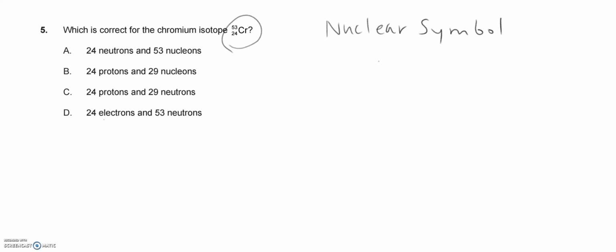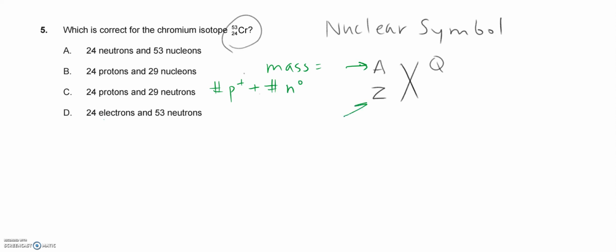So we go A to Z, X, and sometimes Q. A stands for the atomic mass, so it's always going to be our bigger number, and that is equal to the number of protons plus the number of neutrons. And then we've got our Z value.